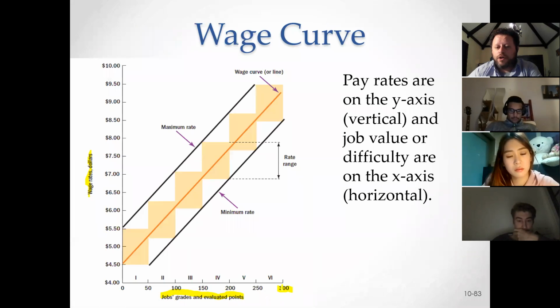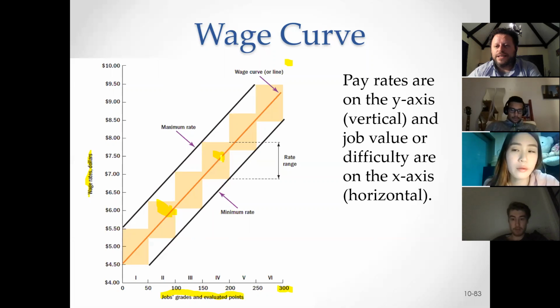If you have 300 points, you get $10 an hour, for example. If you have 100 points, you get approximately $6 an hour. If you have 200 points, you get approximately $7.50 an hour.